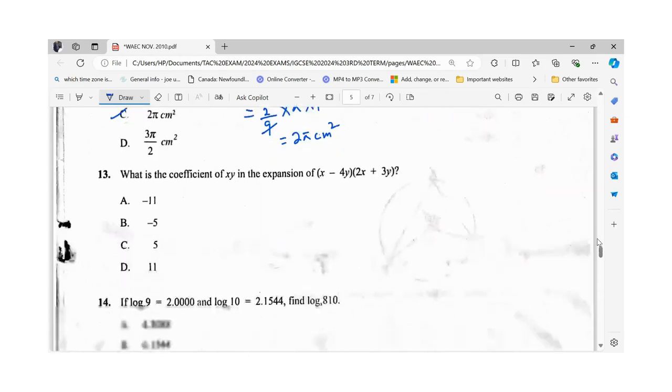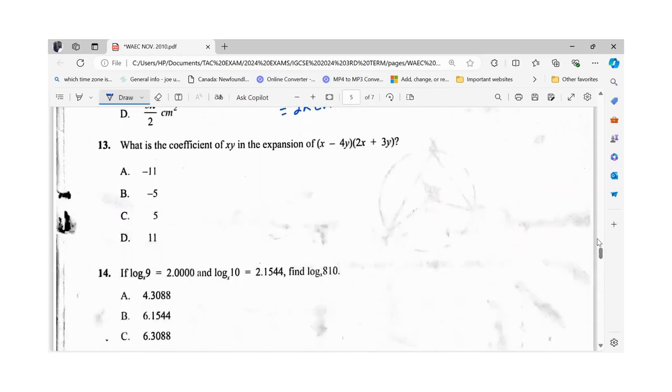So proceed to question number 13. What is the coefficient of sy in the expansion of this? We are going to use the first item there to expand the second bracket. Then minus 4y, use the minus 4y to expand that second bracket as well.